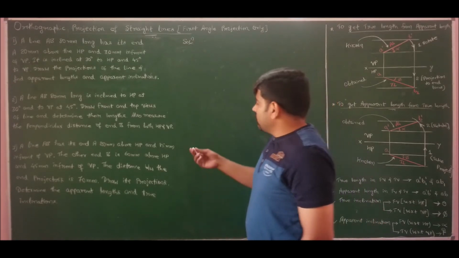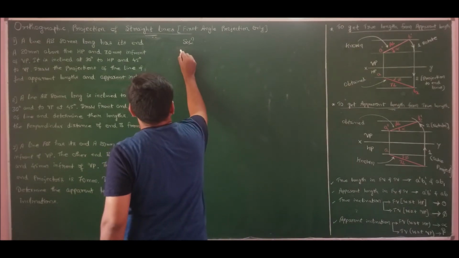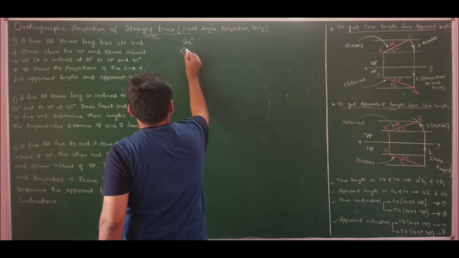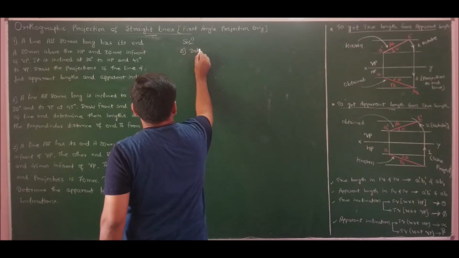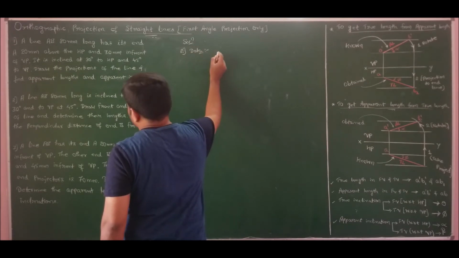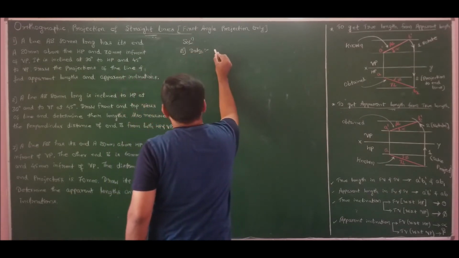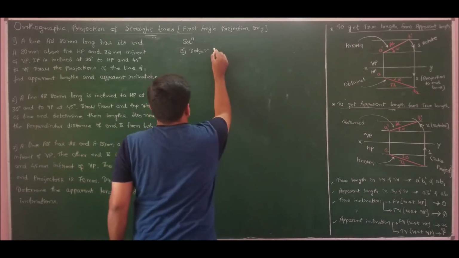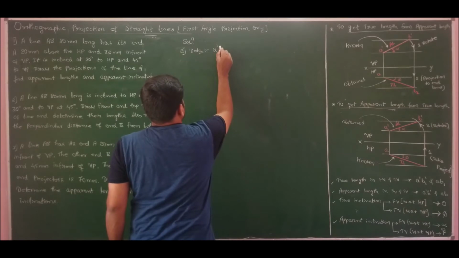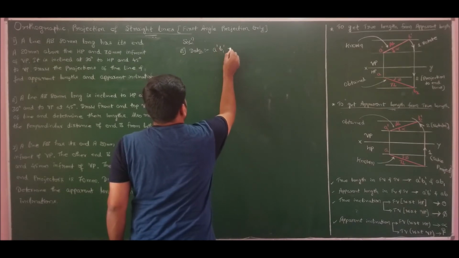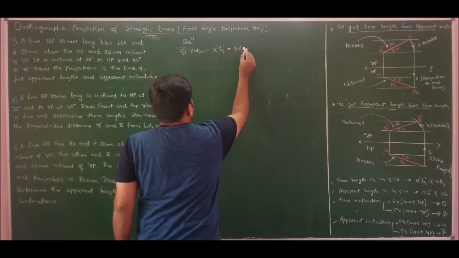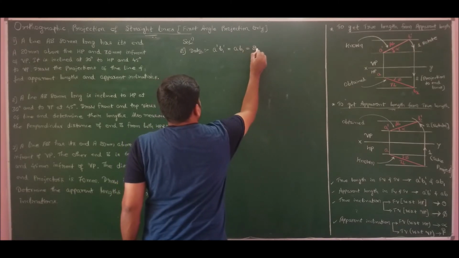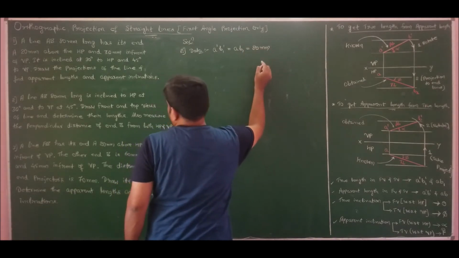So if I list the data given for us, for problem number 2, the data specified are a line AB 80 mm long. So what is given is a true dimension. Therefore he has given A dash B1 dash, which is equal to AB1, which is equal to 80 millimeters.